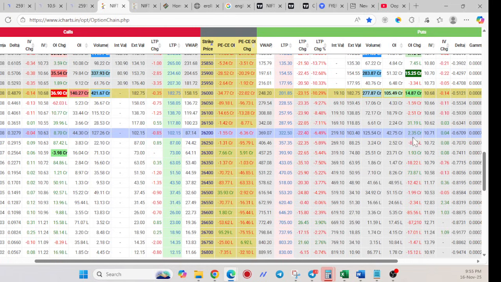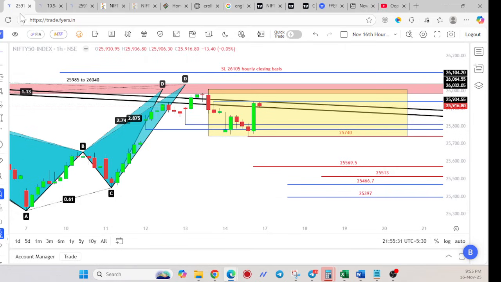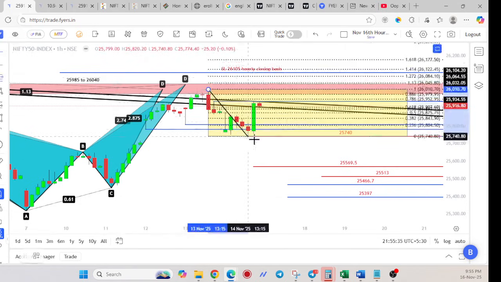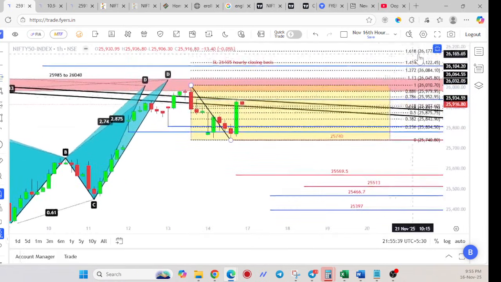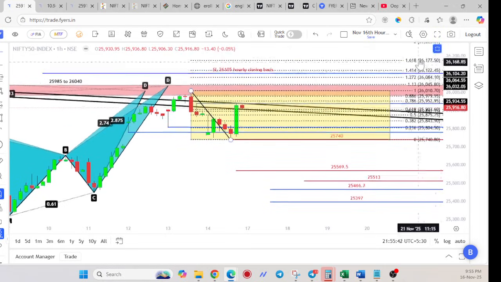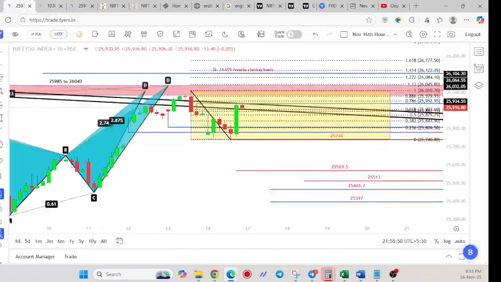So I told you to be careful. 26,177, the number that I showed you, which is again the 1.618 level here, which is rounded to 26,200. It can go touch there and fall also. There is a possibility. So you have to wait and see. But on the downside, if 25,740 goes, finish, chapter over. Then we get back here.